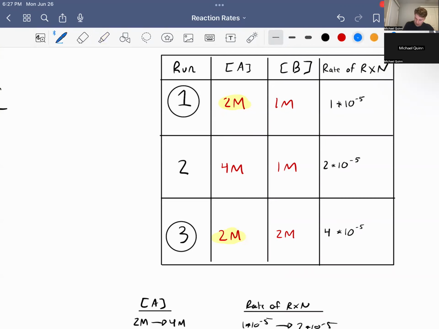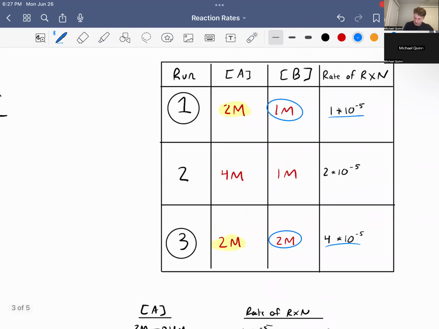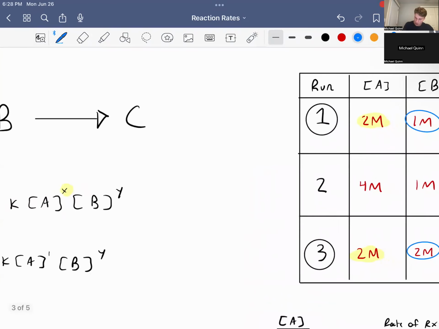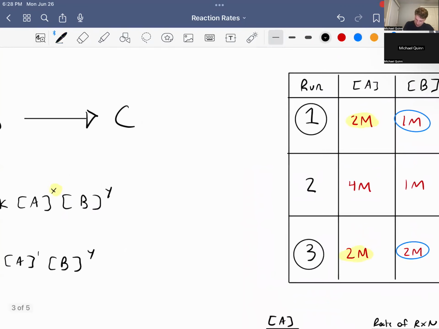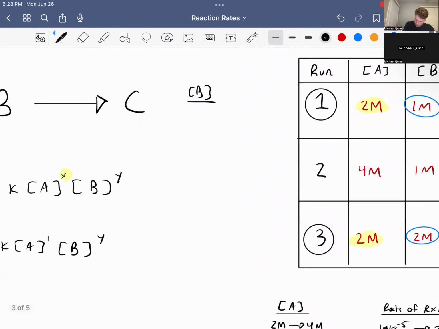So we can see that B doubles from 1 to 2, and the rate quadruples from 1 times 10 to the negative 5th to 4 times 10 to the negative 5th. So what we can see is that the concentration of B went from 1 molar to 2 molar, so it doubled.